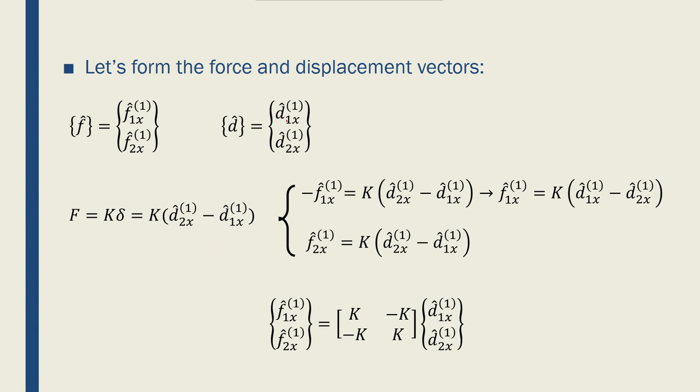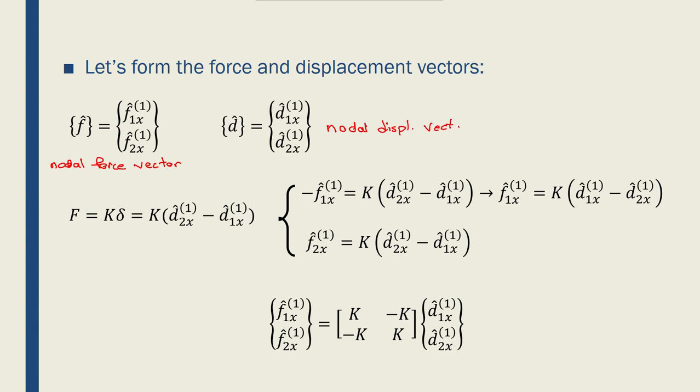So having known that, and having known that we have two nodes and for each node we have force and we have displacement, we can form the nodal force vector. So this is the nodal force vector, and this is the nodal displacement vector.